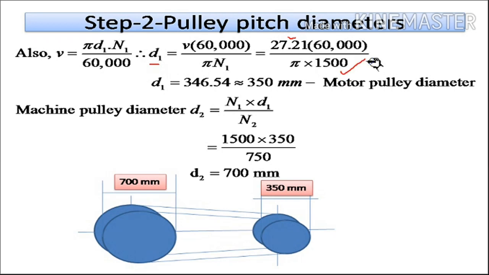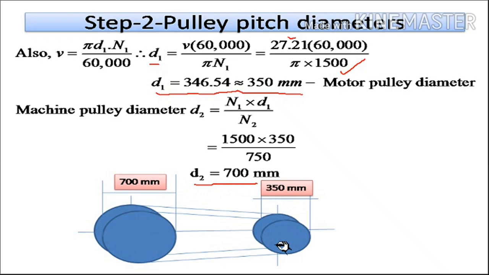You will get d1 equal to 346.54, which can be rounded up to 350 mm standard pulley diameter. Now to determine the diameter of the compressor pulley, we consider that there is no slip of the belt between the input side and the output side, and therefore whatever velocity is there on the input side will be maintained at the output side. Using the relationship d2 equals n1 into d1 by n2, we get d2 as 700 mm. So we have got both the pulley diameters.